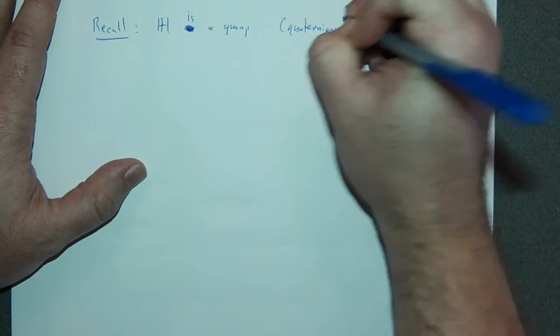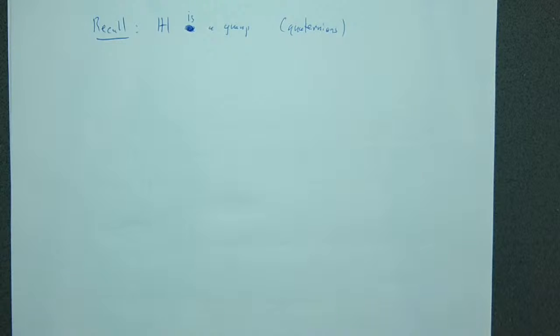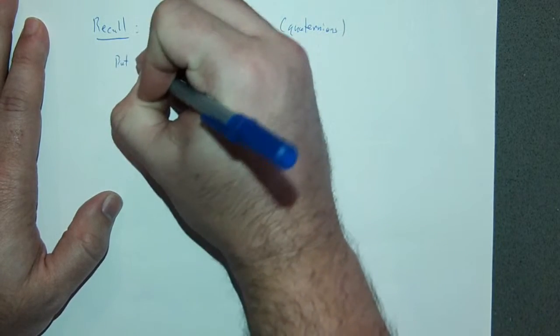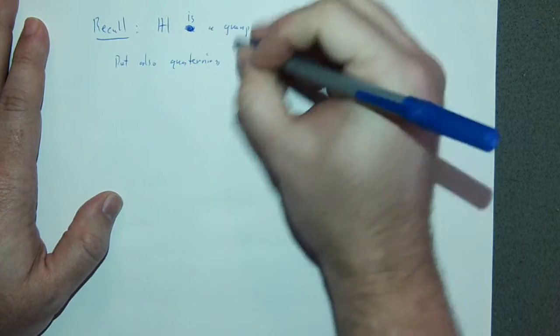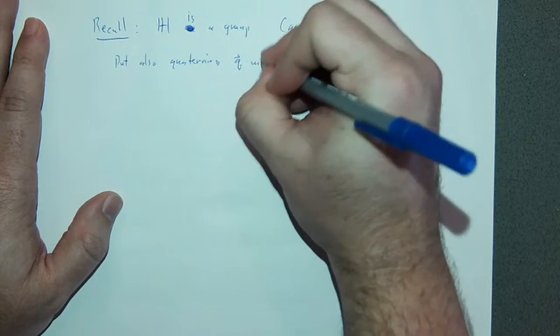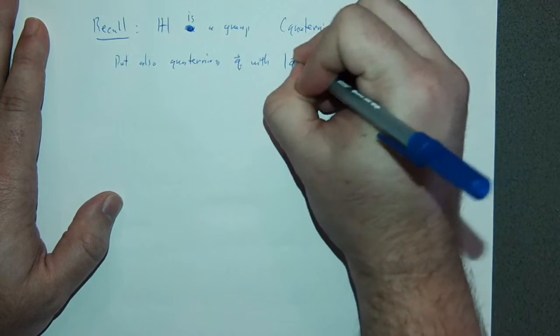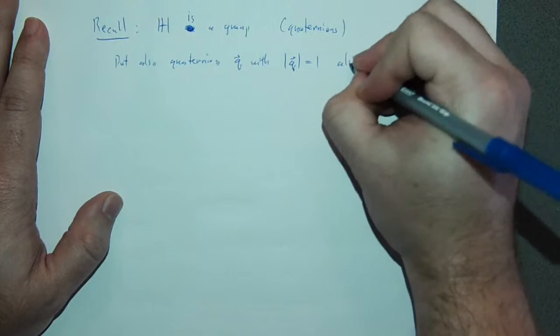The quaternions satisfy all of the requirements of a group. Part of your homework is showing a couple of those. Of course, they're an example of a non-commutative group, but that's fine. So the quaternions are a group, but also quaternions q with absolute value 1 also form a group.